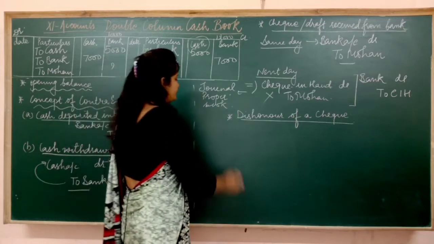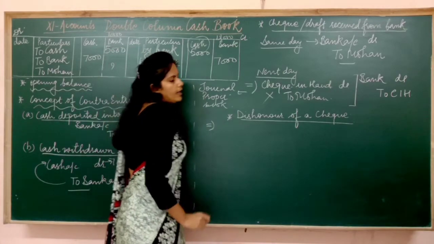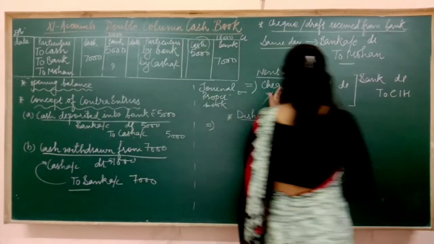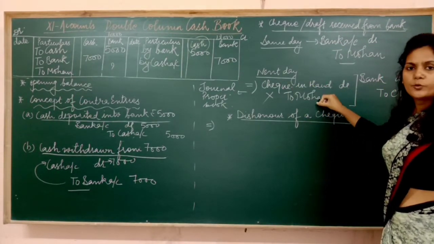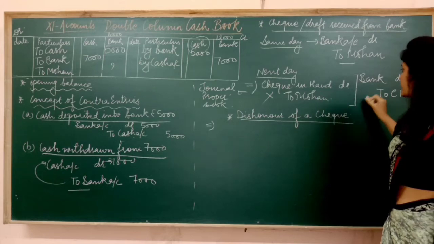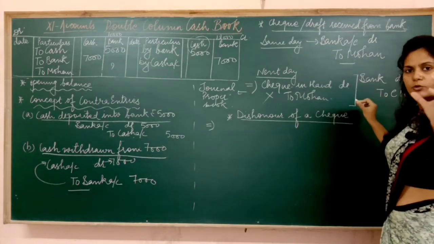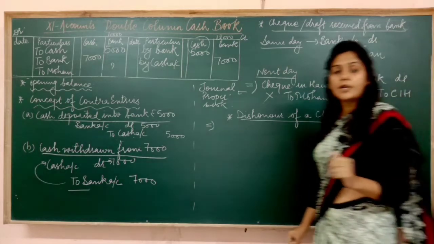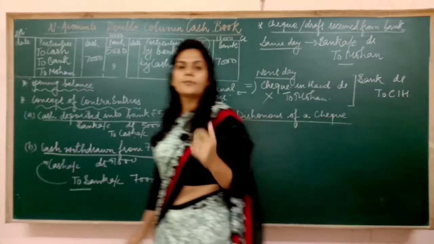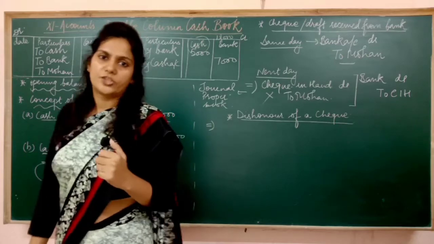Now suppose I have received a check. Suppose, यही क्वेश्चन लेते हैं, ठीक है. चेक्स इन हैंड टू मोहन, मोहन से आपको चेक मिला. नेक्स्ट डे आपने बैंक में चेक डिपॉजिट किया, आपने एंट्री पास की, बैंक को चेक्स इन हैंड. नाउ व्हाट हैपेंड? That the bank has dishonored your check.